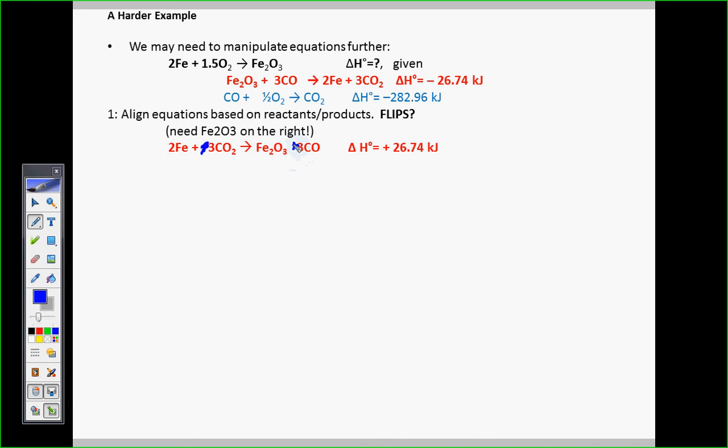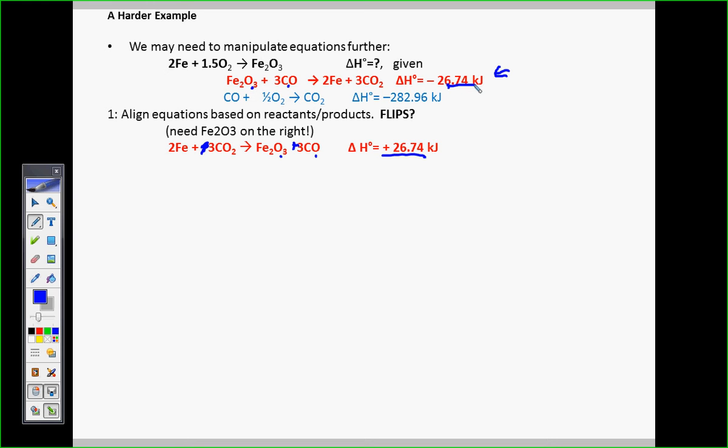Do you see how that is the same as the above equation, just flipped? You see that? So iron, carbon dioxide, and iron 3 oxide, and carbon monoxide. And the delta H value is the same, just the sign is now reversed.